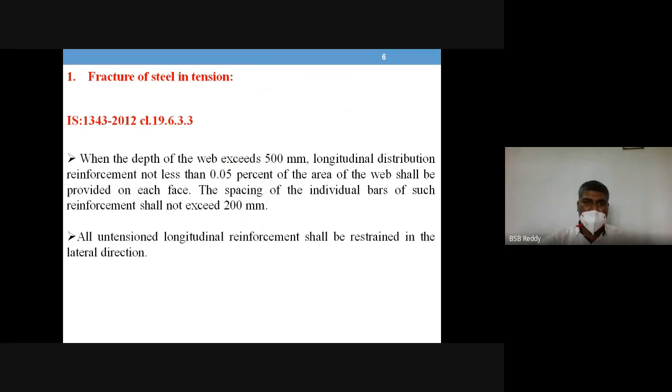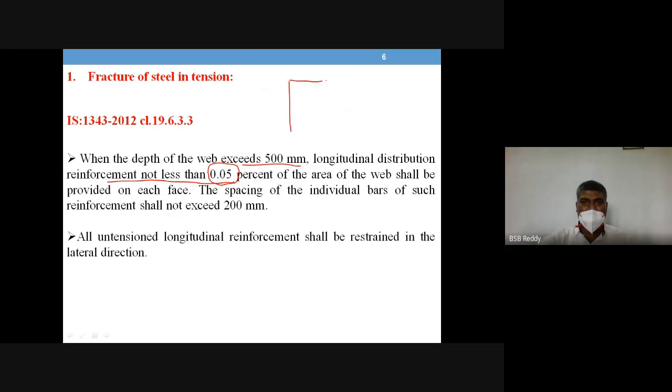When the depth of the web exceeds 500 mm, the longitudinal distribution reinforcement not less than 0.05% of the area of the web shall be provided on each face.